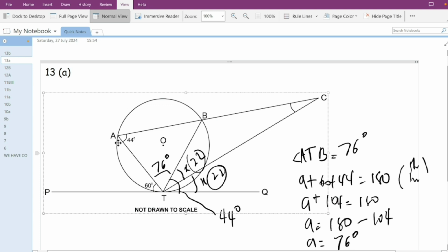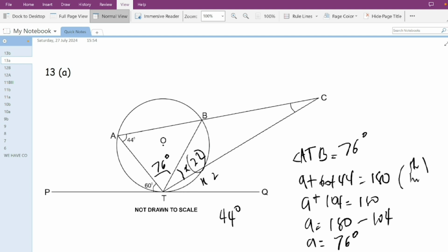Now, considering the triangle ATC, going this way, this big triangle, we have this angle as 44, we have this as 76, and we have this other part as 22. So to make our work easier to understand, we can erase all other ones that are not needed. So we have it as 76, we have this as 22. We figured out the rest. Now this 60 is not needed.